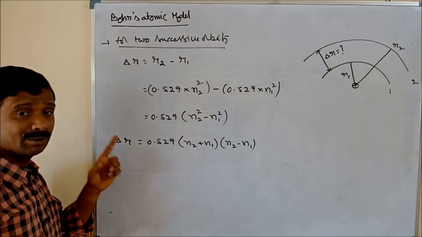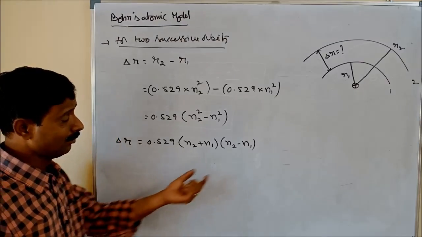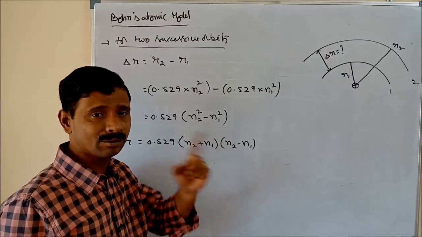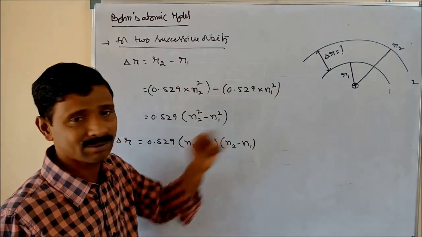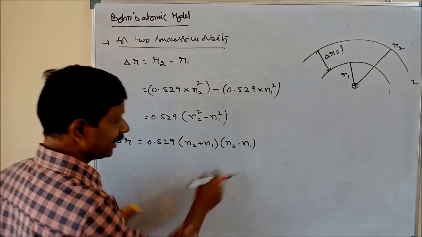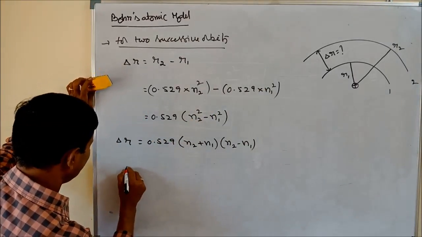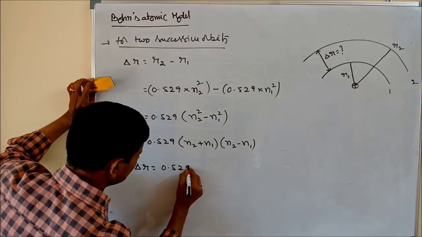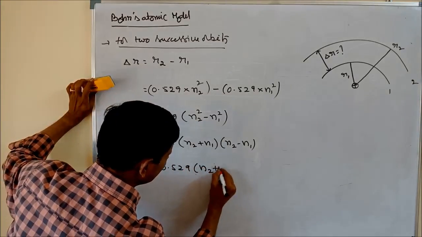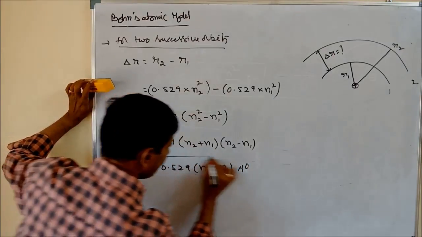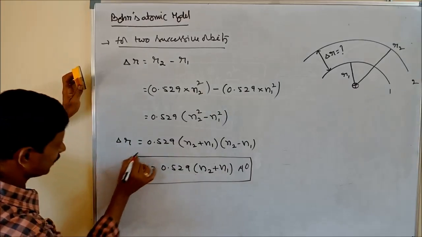But since the concept is for successive orbits, N2 minus N1 will be equal to 1. 2 minus 1 is 1, 3 minus 2 is 1, 4 minus 3 is 1. So finally, delta R equals 0.529 into (N2 plus N1) angstroms. This is for any two successive orbits.